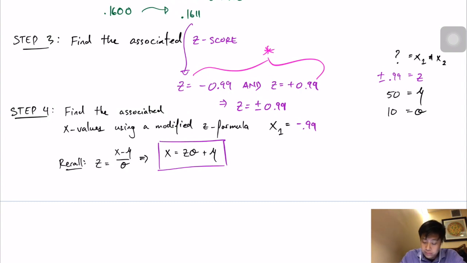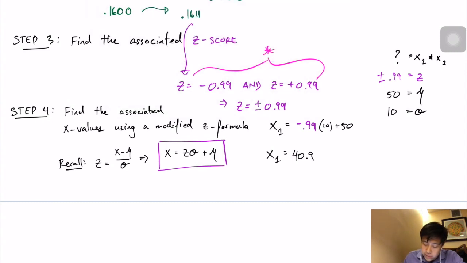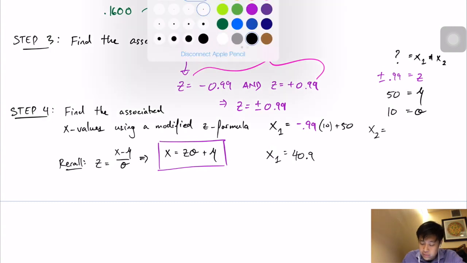Now we can continue the problem. This is multiplied by 10 plus 50. Now whether you use a calculator or you do this by hand, just make sure that you get it right. I actually did this in advance. So this answer here should be 40.9. If you do the same exact thing for x sub 2, now the difference is using the positive version of 0.99.